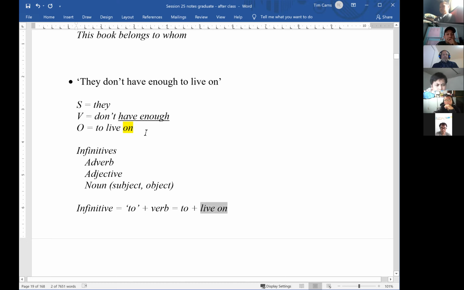That's part of the infinitive. So this is one of those strange English things where you actually have two prepositions within an infinitive. One of them is the to that introduces the infinitive. Live on is the part of the verb. Live on.